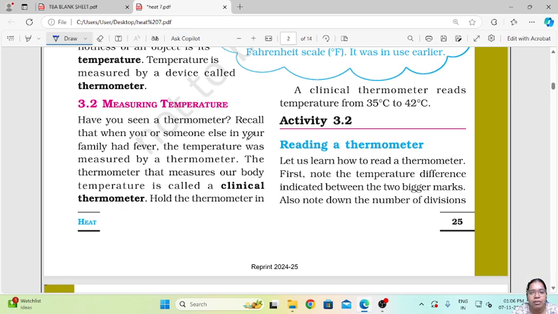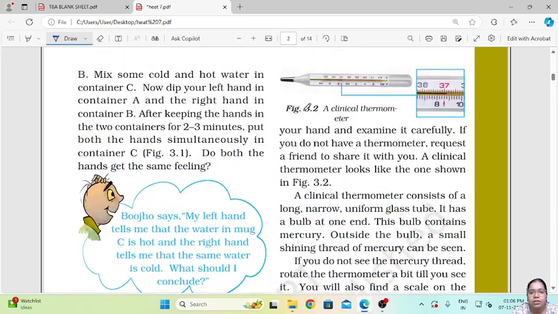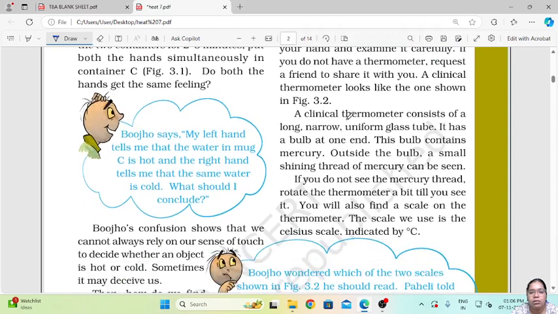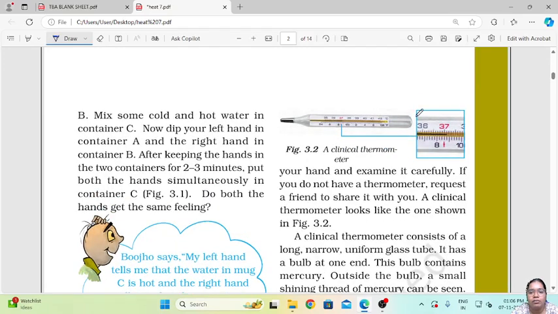When we get fever, we use a thermometer to check what the body temperature is. If the temperature is more than 35 degrees, that means we have fever. A clinical thermometer consists of a long, narrow, uniform glass tube. This is the body of the thermometer.